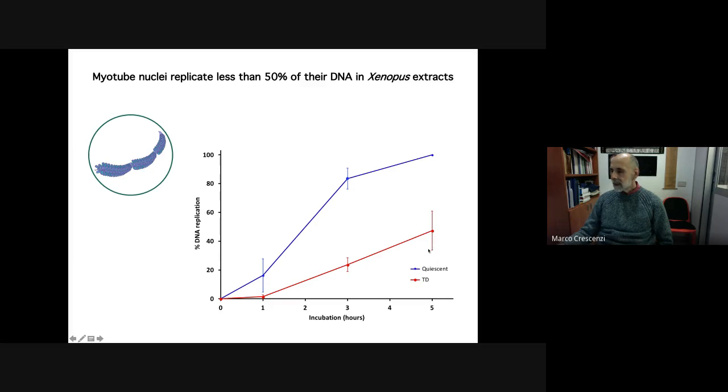You see, by the end of the experiment, myotubes have replicated less than 50% of their DNA, while the myoblasts are basically at 100%. So we were able to reproduce incomplete DNA replication, even in Xenopus extract, which, as I said, indicates that there is a structural obstacle in myotubes to the completion of DNA replication.